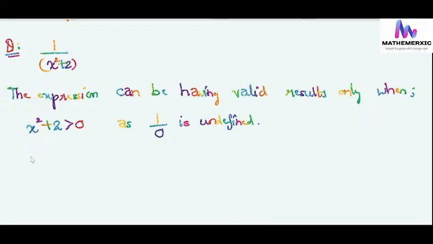So x square plus 2 is greater than 0. Equal to 0 also is possible here, because in this case x square plus 2 is greater than or equal to 0, that is possible here.